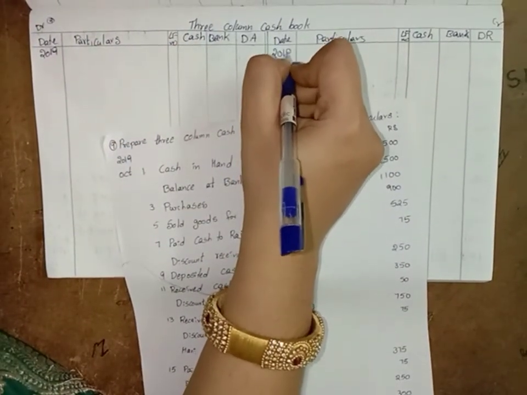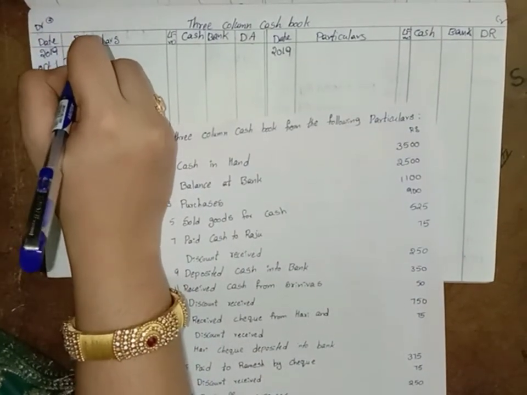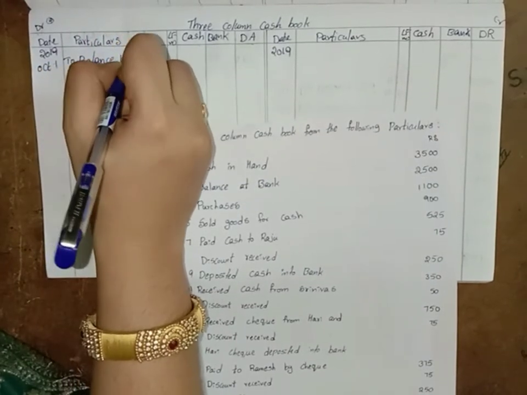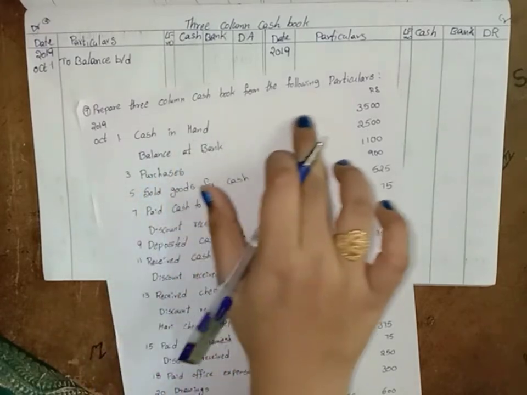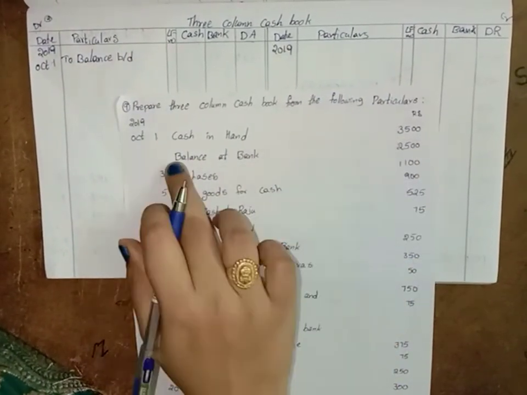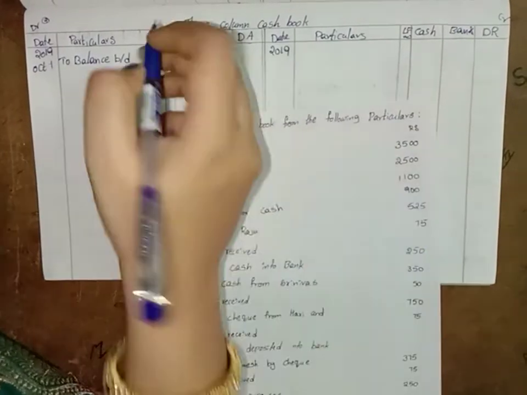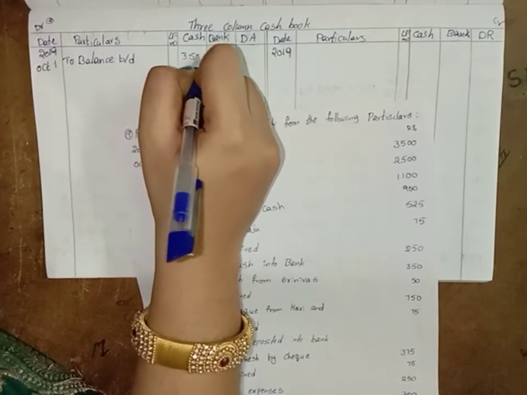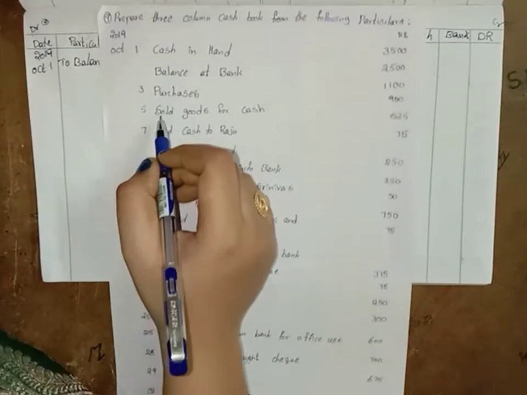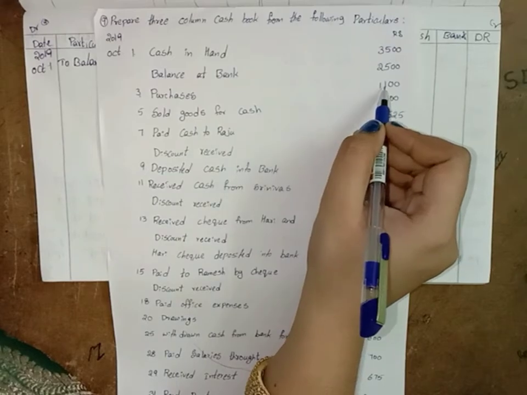2019 October 1st, to balance brought down. Cash in hand means we have to write this amount in the cash column. Balance at bank means we have to write it in the bank column. Cash 3500, bank 2500. And next, October 3rd, purchases 1100.